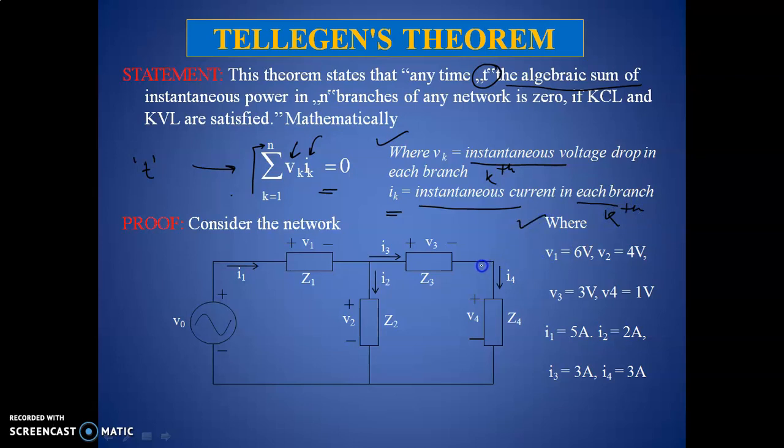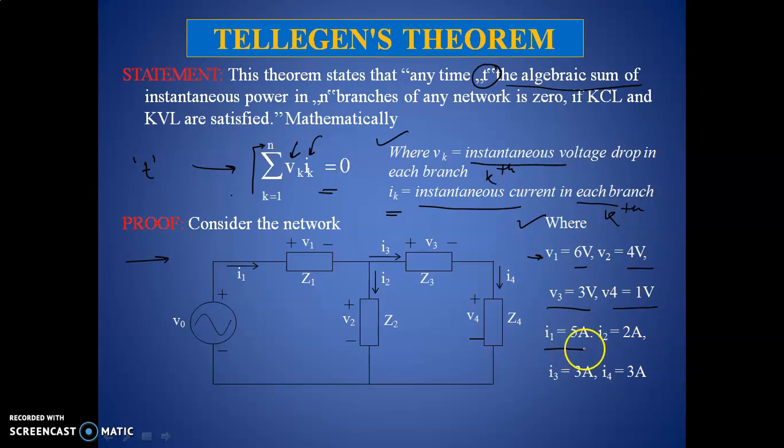Now let us see. By considering this network, we can assign voltages. V1 is given as 6 volt, V2 is 4 volt, V3 is 3 volt, and V4 is 1 volt.